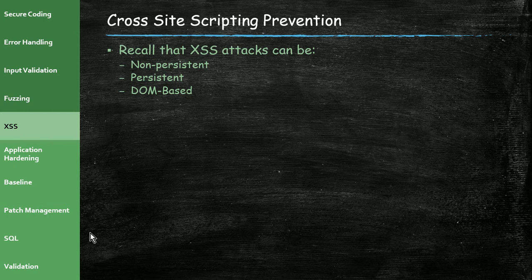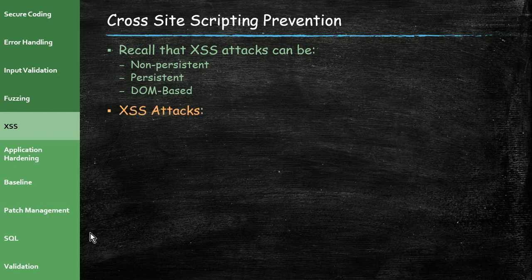And DOM-based, so the DOM is the document object model, which is used by web browsers for JavaScript, and it's how you can control things in a web page. That's kind of a very simplistic explanation of it. If you take a JavaScript class, then you would obviously learn a whole lot about the DOM. But you can take advantage of the DOM with JavaScript, with cross-site scripting, just like you can with anything else. So that's why I think it's mentioned in this unit.